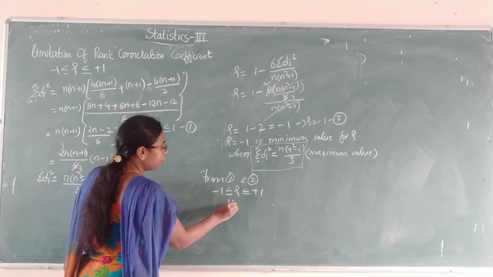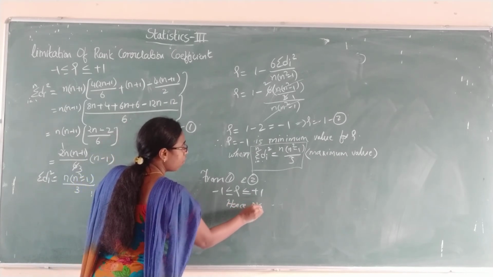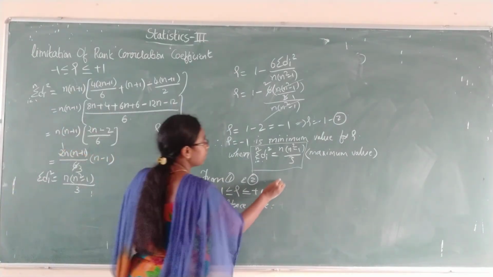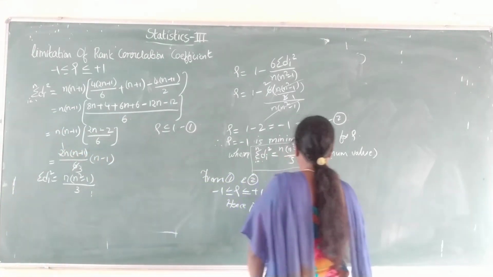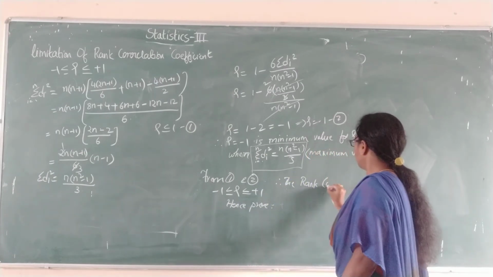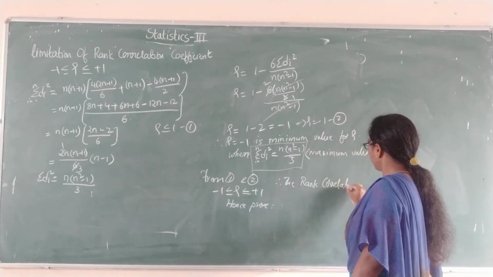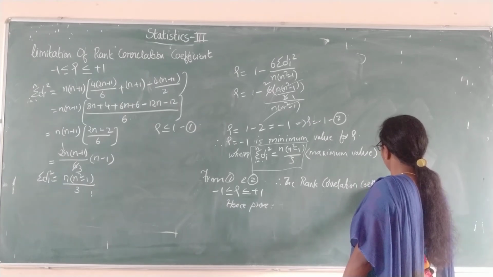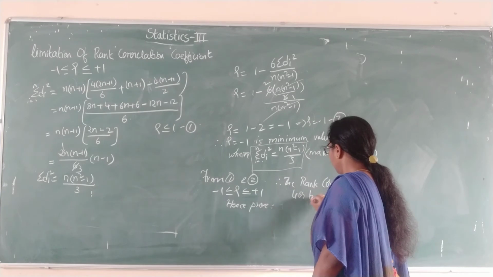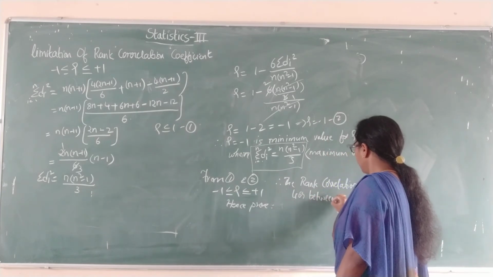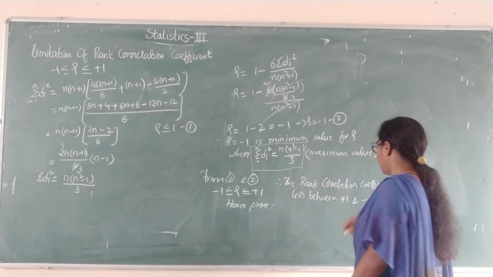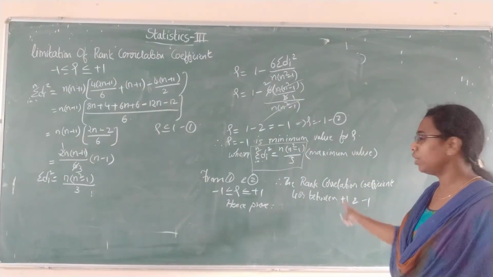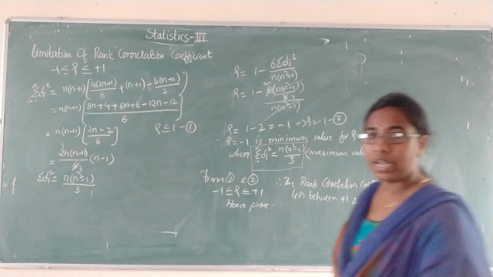Hence we have proved that the rank correlation coefficient always lies between plus 1 and minus 1. So same like Karl Pearson correlation coefficient, rank correlation also lies between plus 1 and minus 1.